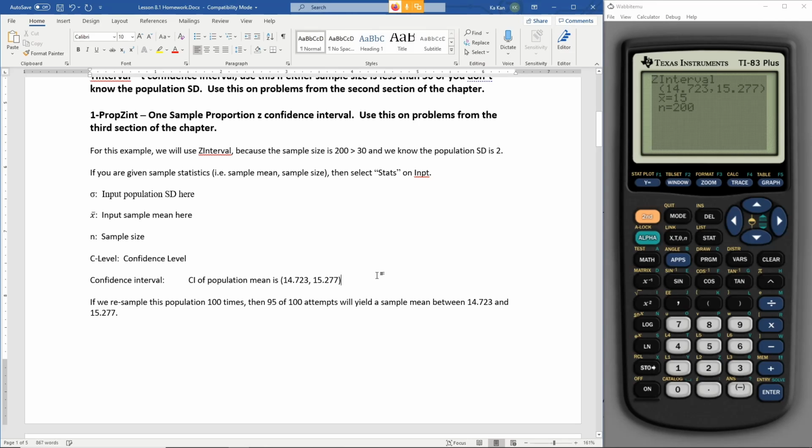So that's the confidence interval with 95% confidence.